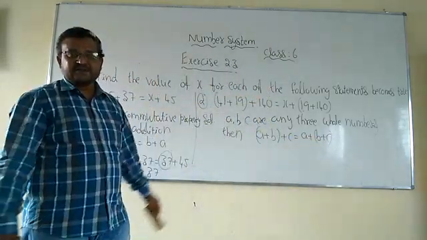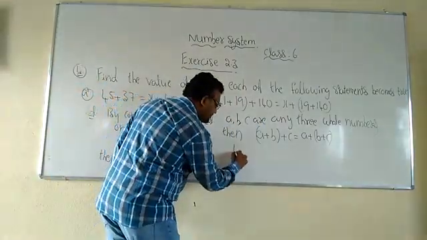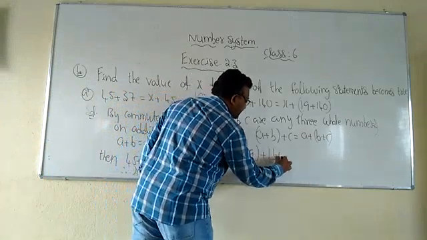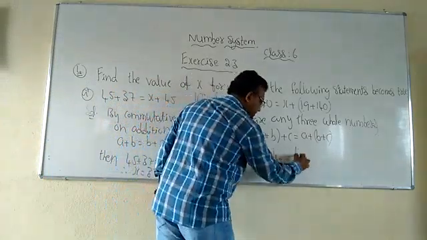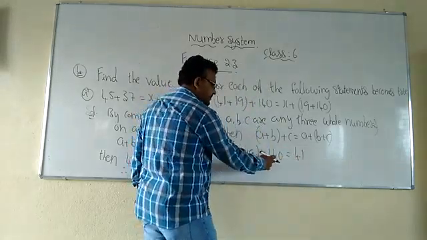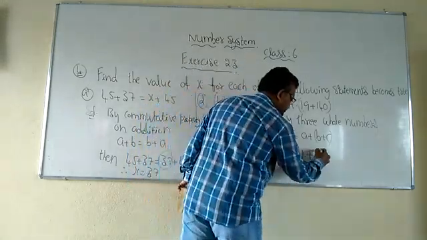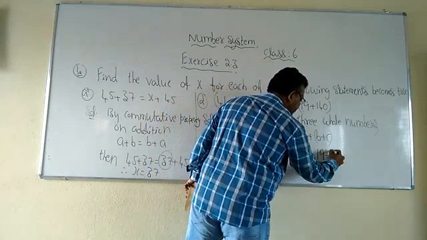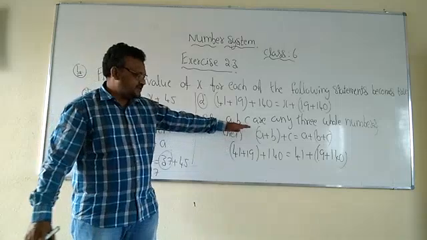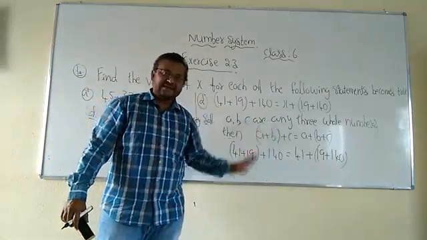So by using the associative property on addition, we can say (45 plus 19) plus 140 is equal to (41 plus 19) plus 140 is equal to 41 plus (19 plus 140). Same as it is, by using the associative property.